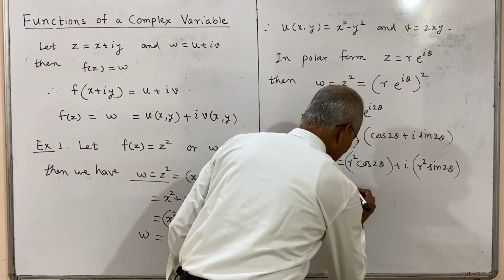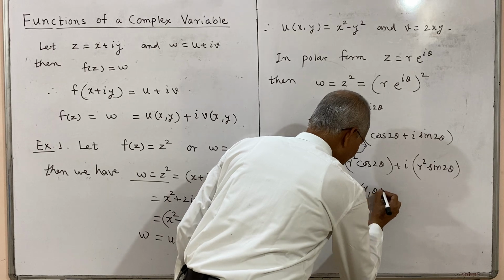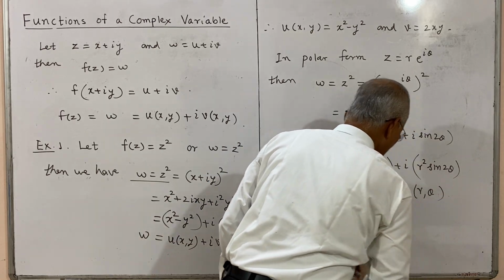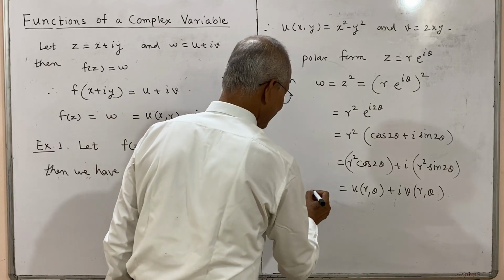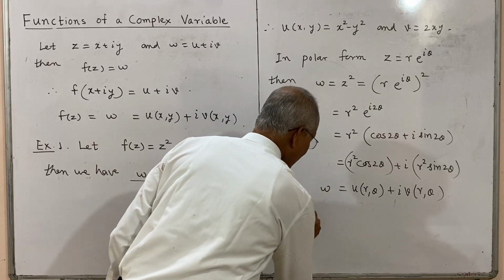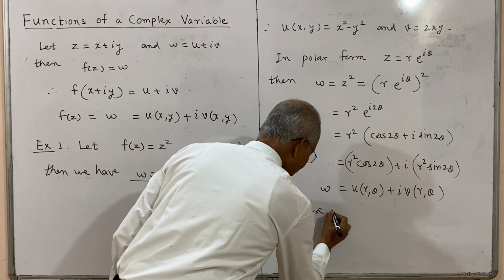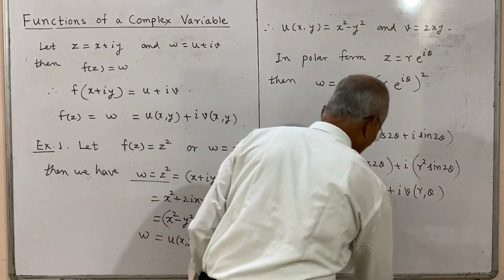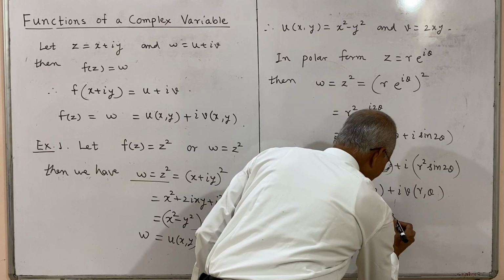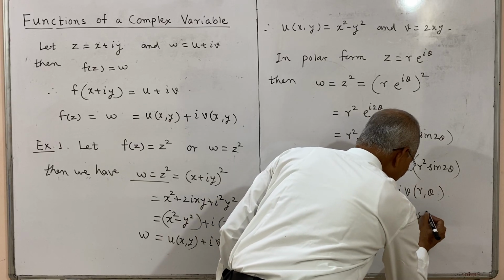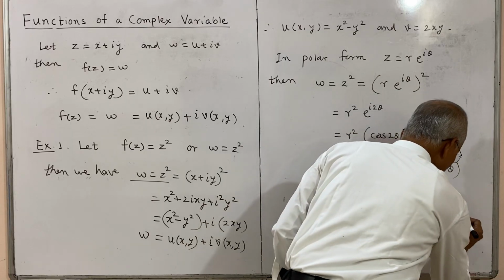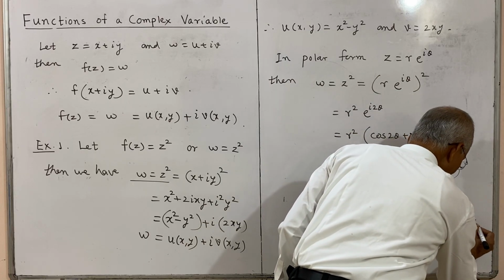In polar form, this is u of r comma theta plus i v of r comma theta. So this is the expression in polar form, where u is a function of r and theta, that is r square cos 2 theta, and v is a function of r and theta, which is r square sin 2 theta.